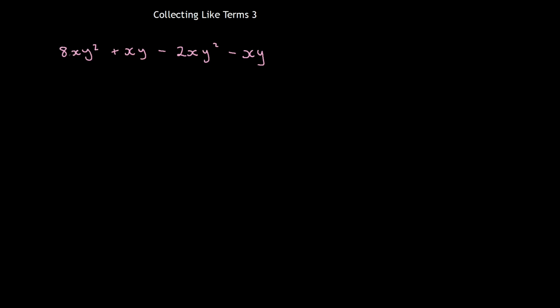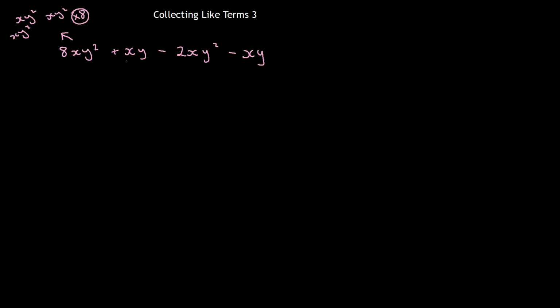Well, I just want to remind you that, for example, this 8xy squared here means you've got 8 lots of xy squared. So you've got xy squared, another xy squared, and so on and so forth. You've got 8 lots of these.